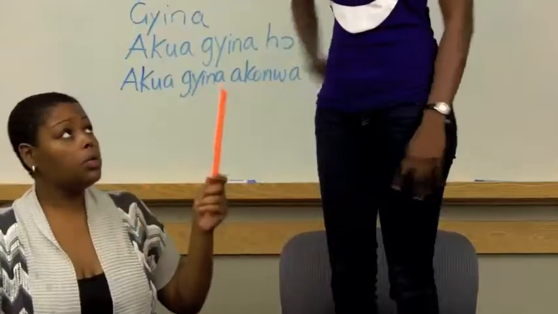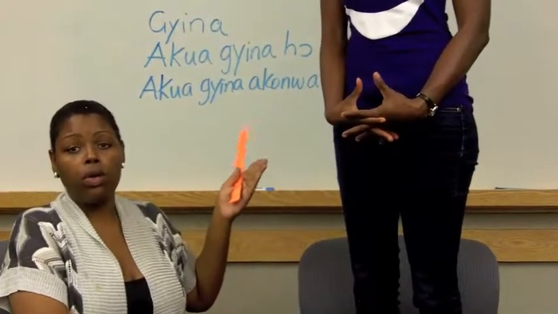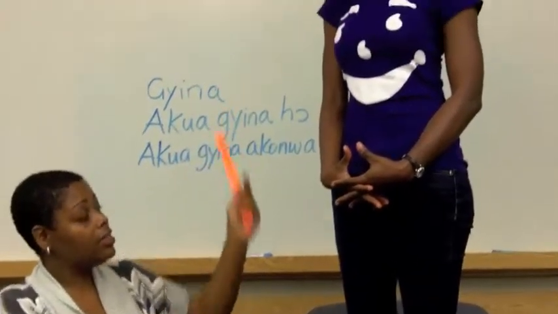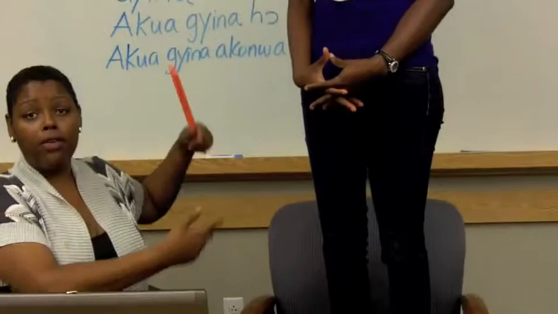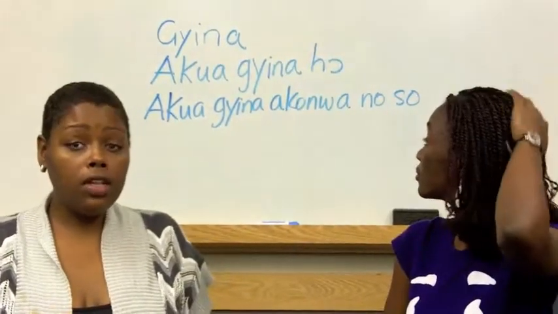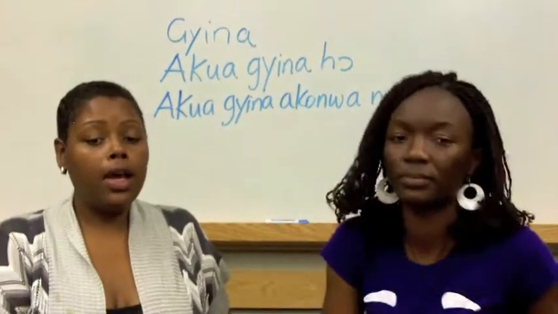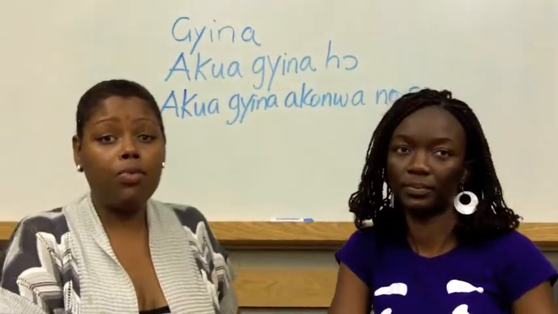We would say Akuya jina akonwa noso, which means Akuya is standing on top of the chair. The positioning is described by jina because Akuya was adopting the standing position.